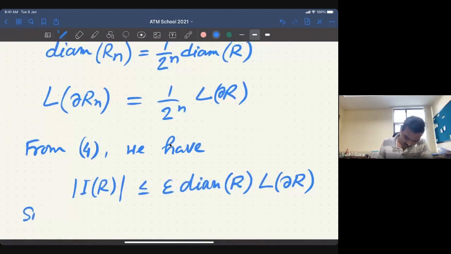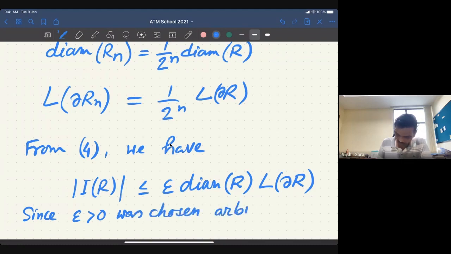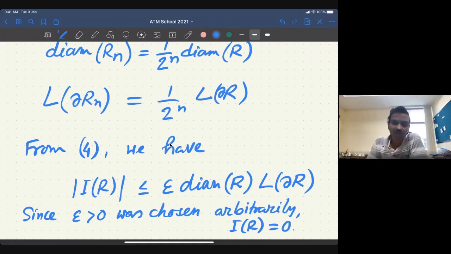Since epsilon greater than 0 was chosen arbitrarily, the integration, which is just IR, is equal to 0. Yeah, the proof completes.